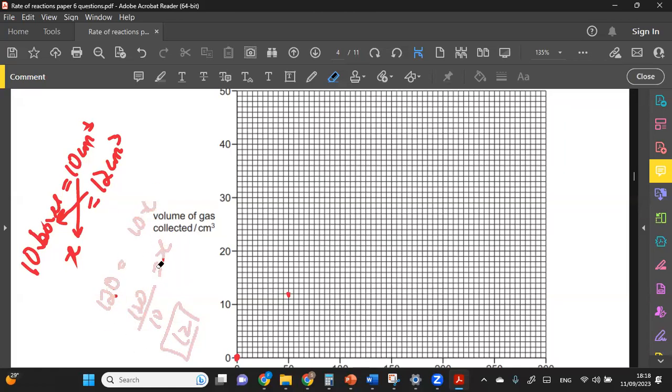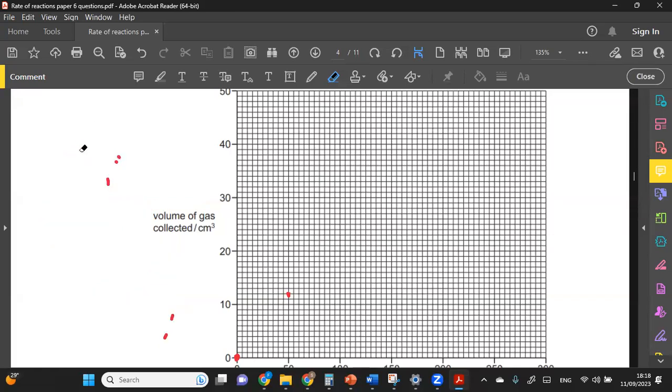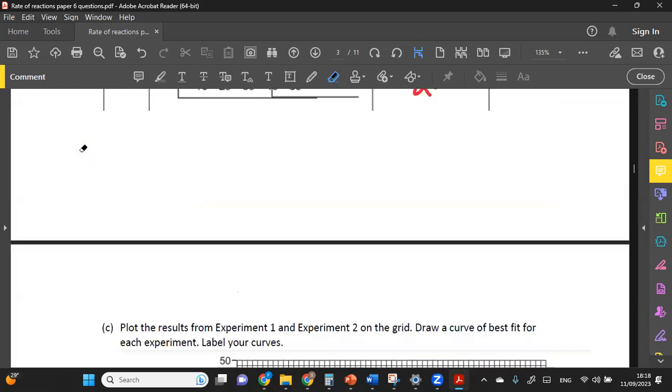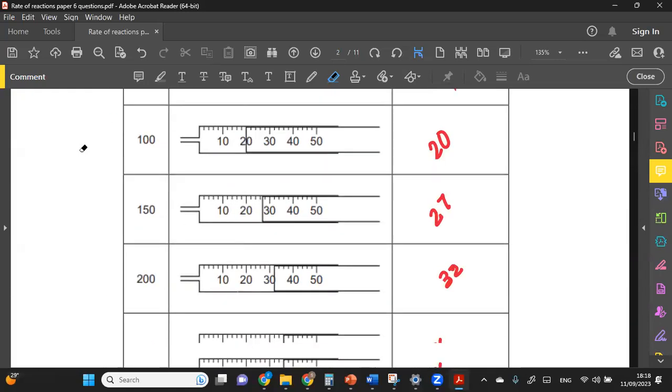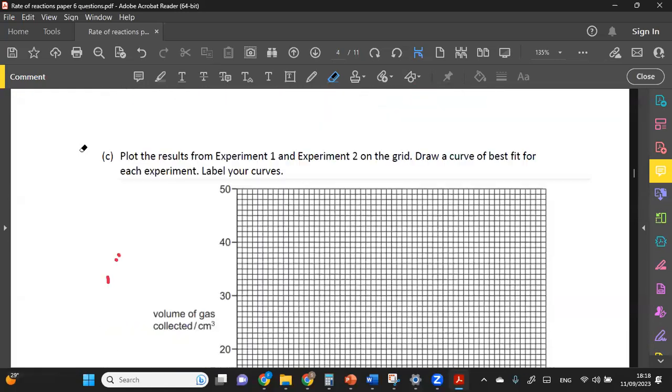After that, the next temperature reading given to us in the box that they had given us in the exam is at 100 seconds, and the reading was 20.